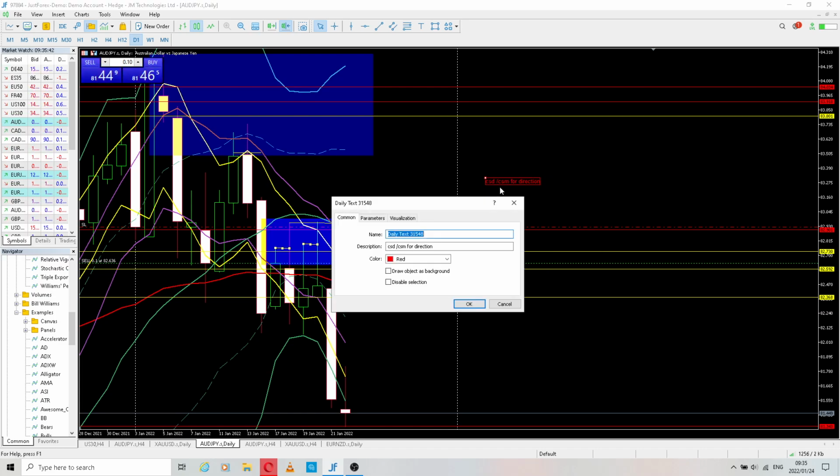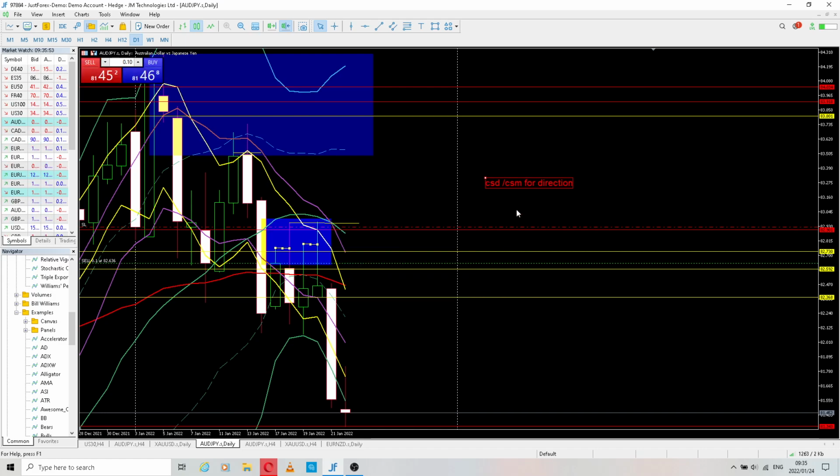So when you see this one here, let me just move this. You'll have your CSD, CSM for direction.